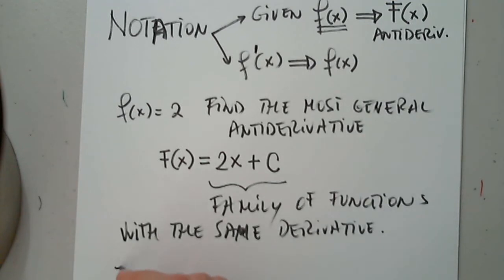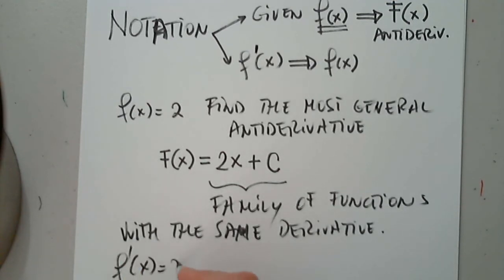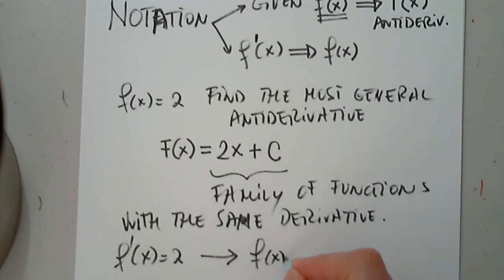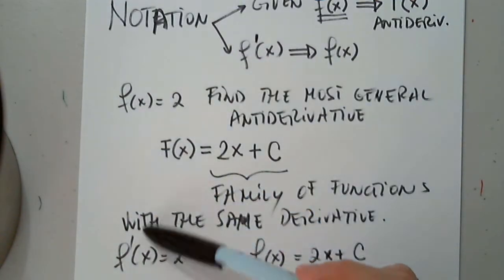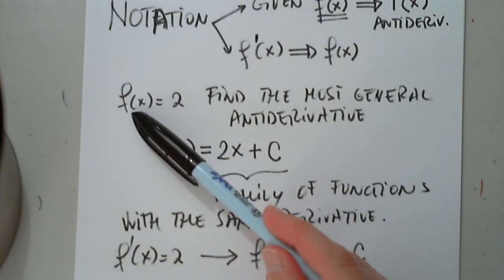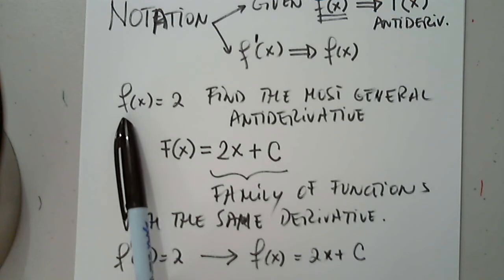Now, if I'm given f prime of x equals 2, the notation will be f of x equals 2x plus c. And again, you can say, what's the big deal? You will see in chapter 5. So depending on the form or the function, the way it is denoted, this function was denoted by f of x.